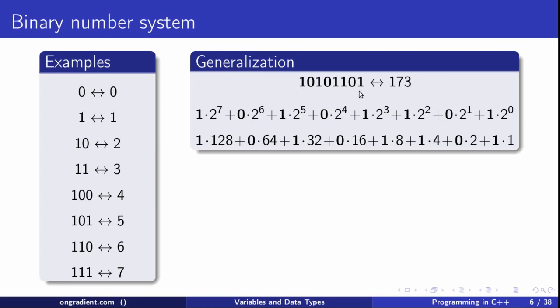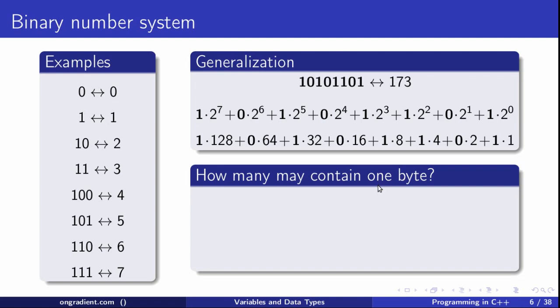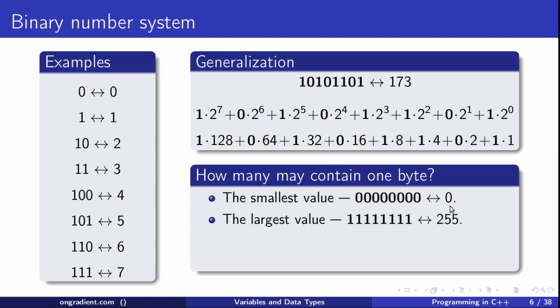From another point of view, the sequence of 8 ones and zeros is a number. Define what is the maximum number that a single byte of information can contain. If a byte consists entirely of zeros, it will give us the smallest number, 0. If a byte consists entirely of ones, it will give us the number 255.